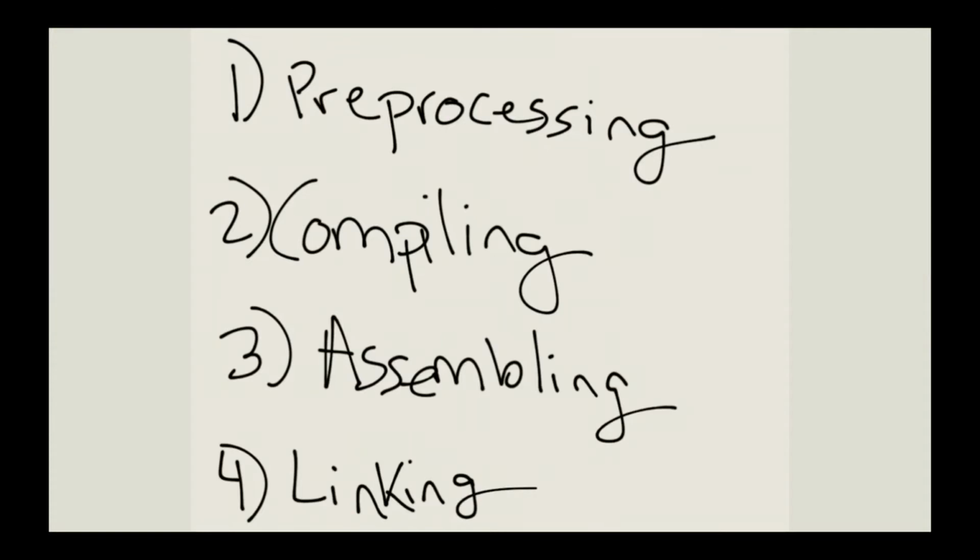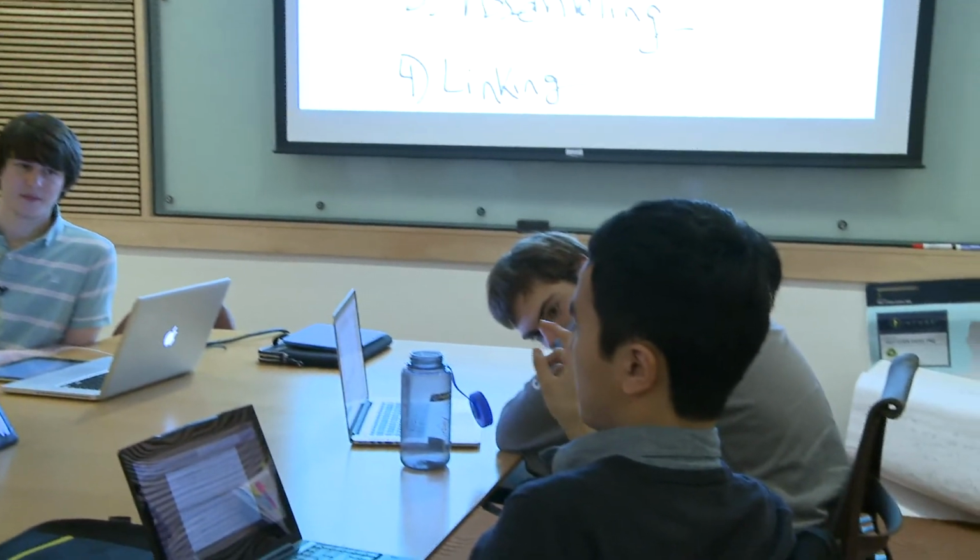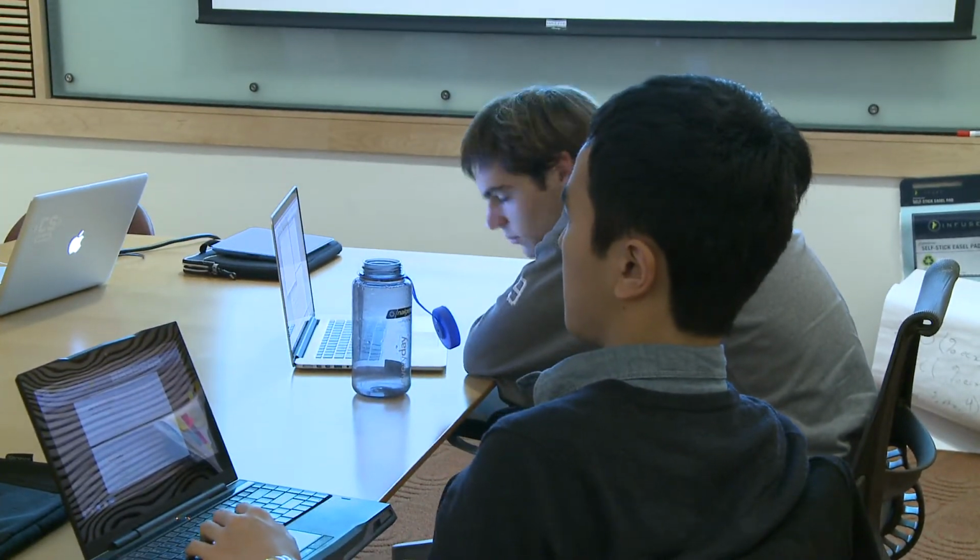So, preprocessing, what does that do? It is the easiest step, well, that doesn't mean it should be obvious, but it's the easiest step. You guys could implement it yourself. It takes what you have in your includes and basically copies them in, and also defines.